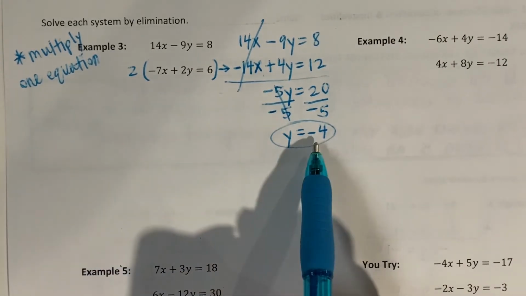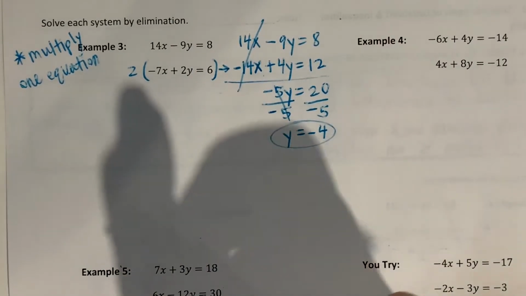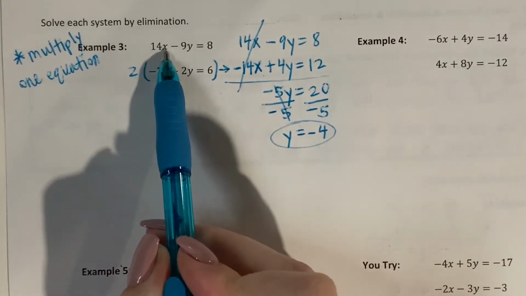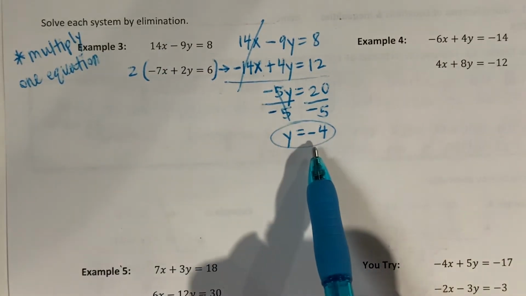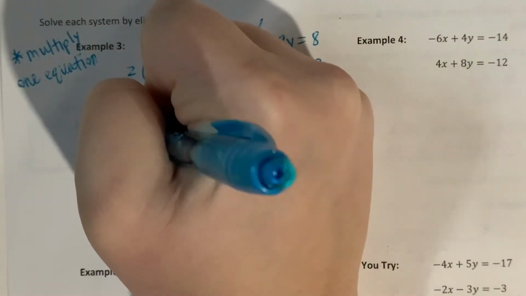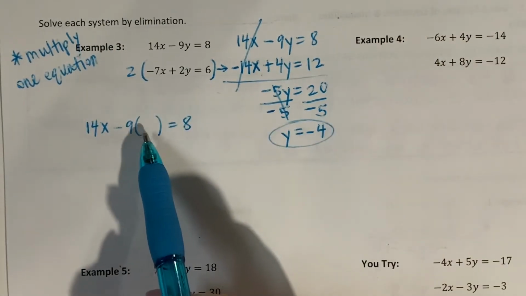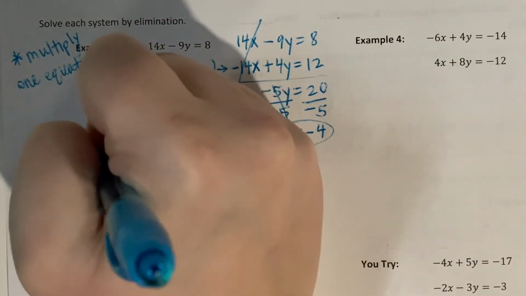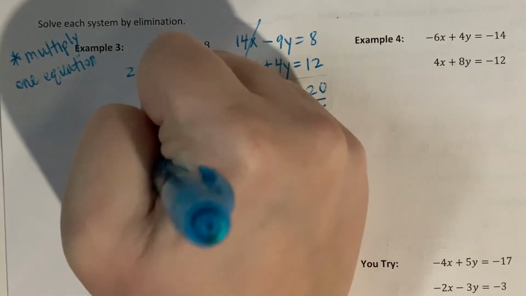I'm going to come over here and I need to plug this -4 back into one of my original equations. It doesn't matter which equation you choose. I'll choose this first equation here. So I'm going to write 14x minus 9, but instead of writing the y, I'll put parentheses because I'll plug in what I found y to be. So again, I've got 14x minus 9 times parentheses equals 8. And I'm plugging in that I found y to be -4. I can simplify here. I'll have 14x, -9 times -4 gives me a positive 36.